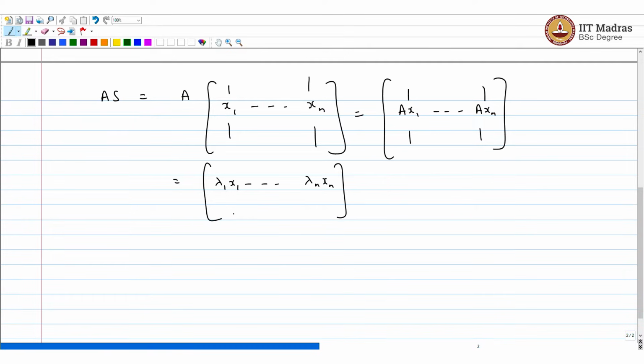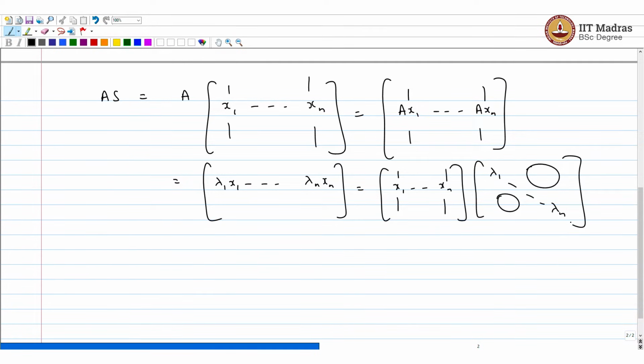Is that clear? Now, I could write this as x1 until xn and take this product with a diagonal matrix, which is just the eigenvalues. And that is the same as S multiplying a diagonal matrix, where this is a diagonal matrix with entries all the eigenvalues.